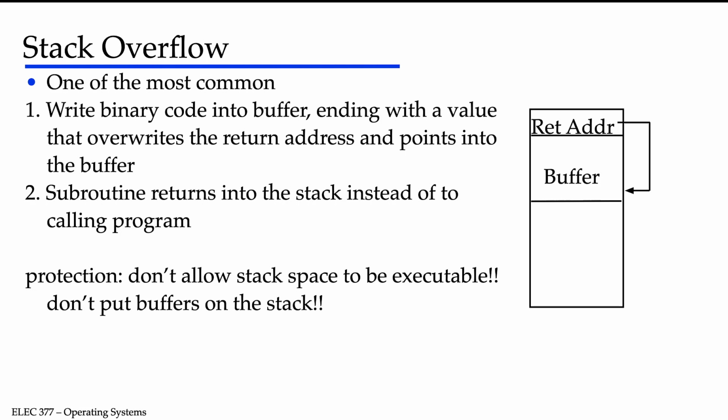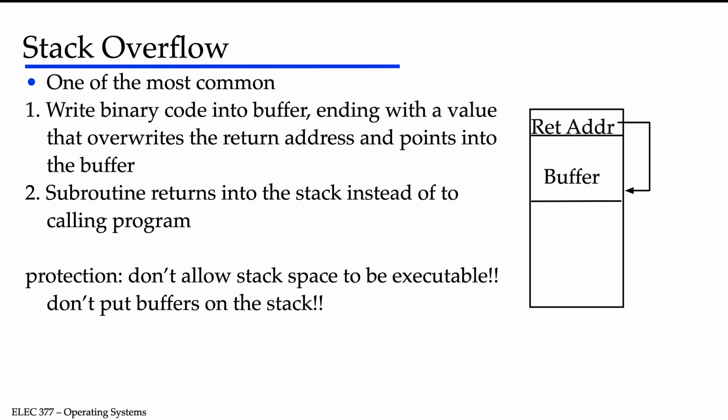The stack overflow is one of the most common. We write binary code into a buffer ending with a value that overwrites the return address and points to the buffer. When the subroutine returns, it uses that return address and returns into the stack and executes the code on the stack instead of returning to the calling program.